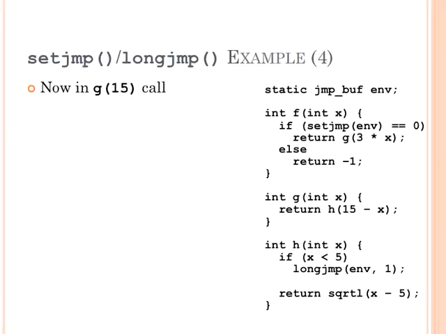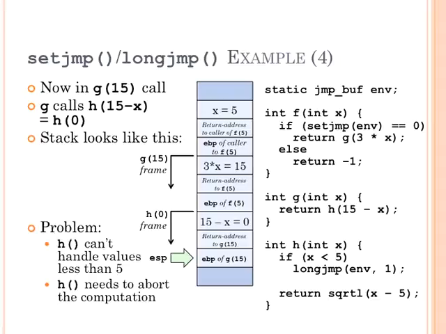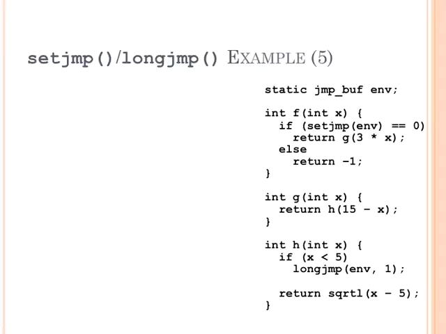Okay, so let's see, now we're in G15. G15 calls H of 15 minus X, so we have this now. We have G's frame and H's frame, and you can see 15 minus X is 0. That's what H sees. It has a return address to return H of 15 minus X, and so forth. Okay, so that's what we have now, except that H can't handle this, so it needs to abort the computation.